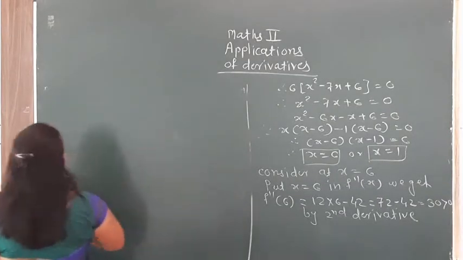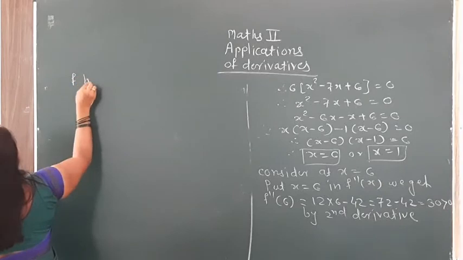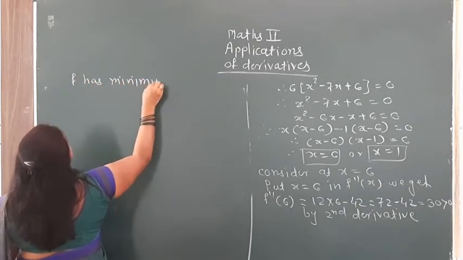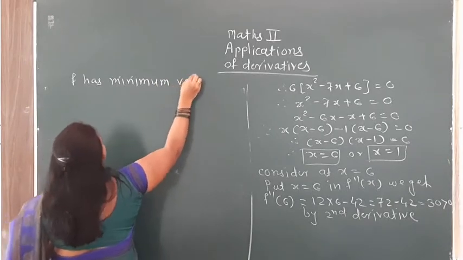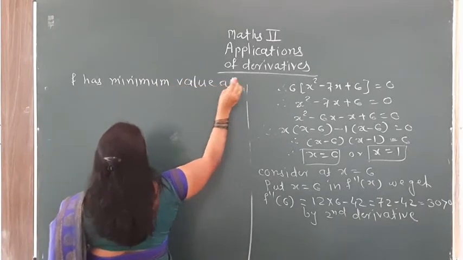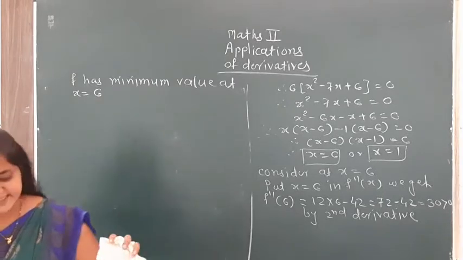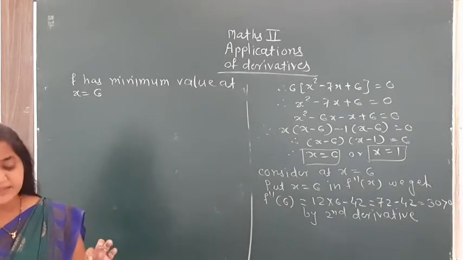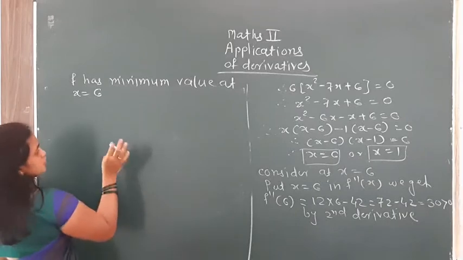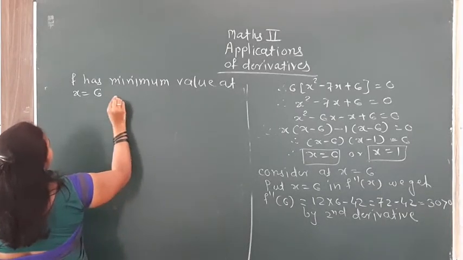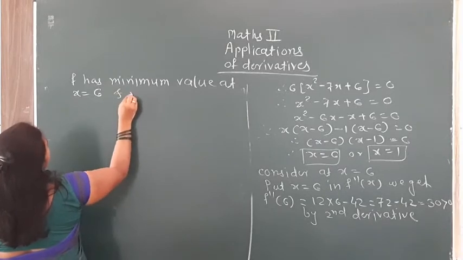So we substitute 6 in f of x to find the minimum value at x is equal to 6.